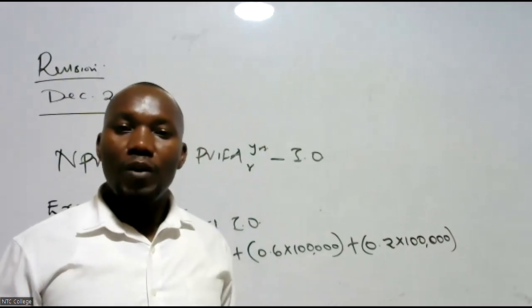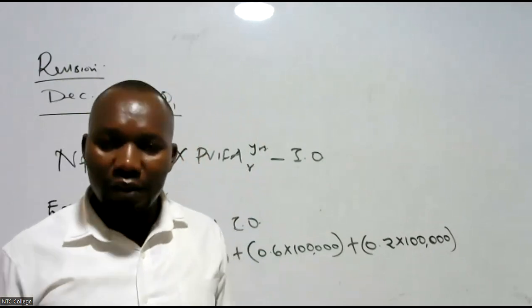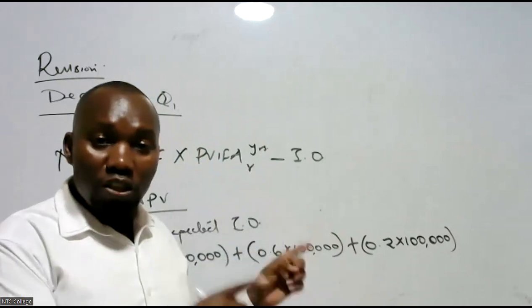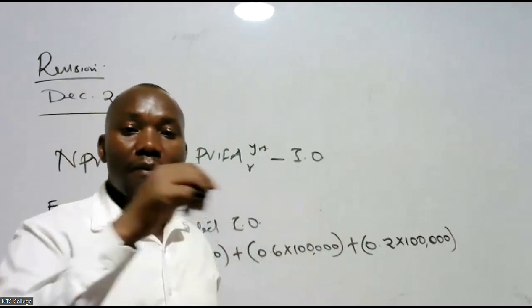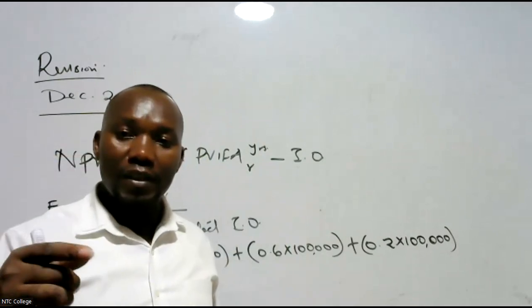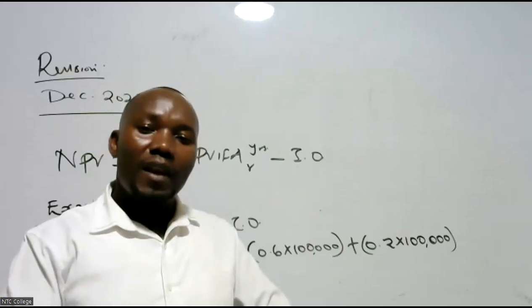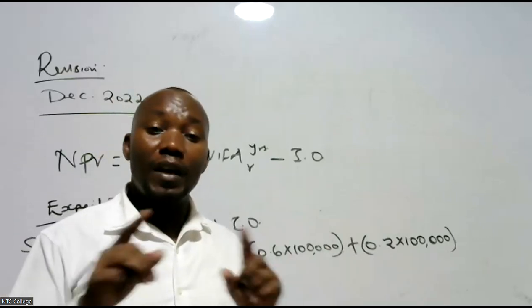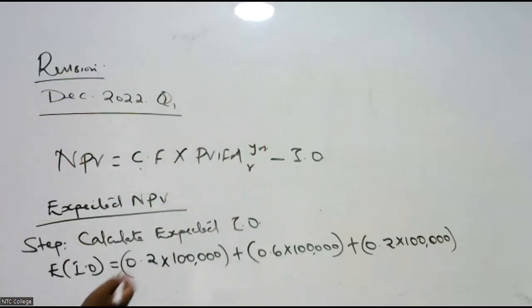Normally what we do, we add all of them, then you divide by 12 so that you get average revenue. For a situation where you are given probability, you multiply the probability with a month plus the probability with the second month's revenue, right? Plus the probability times third month's revenue, then you add all of them. That gives you the average or expected. So that is the average or expected.